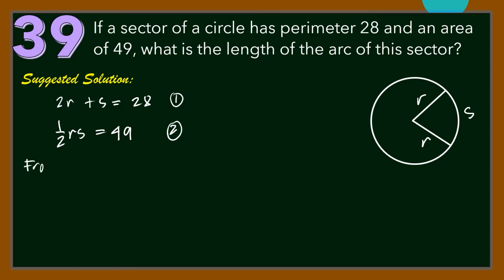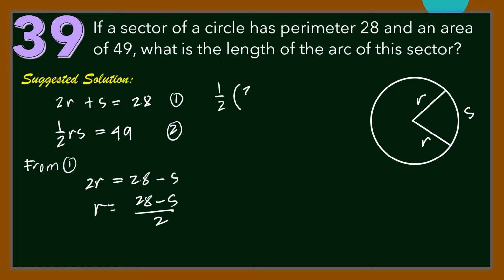From equation 1, we have 2R is equal to 28 minus S, and R is equal to 28 minus S over 2. Substituting R to equation 2, we have 1 half times 28 minus S over 2 times S is equal to 49.